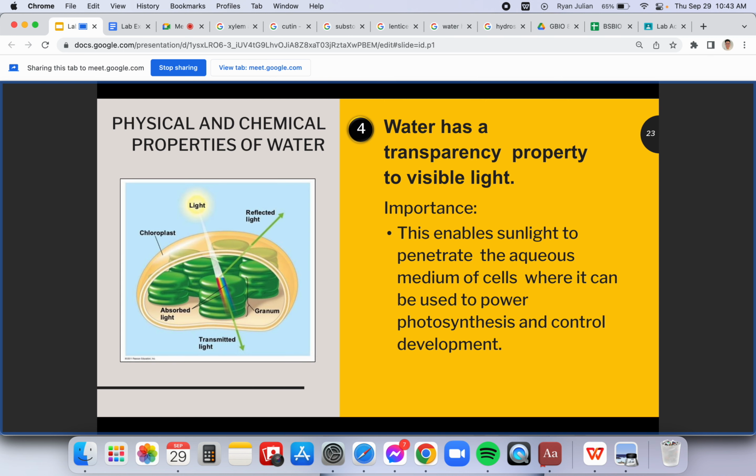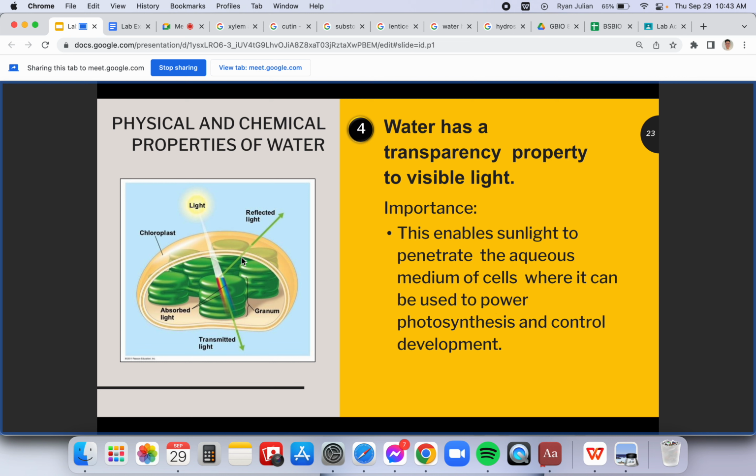For the fourth physical and chemical property of water, it has a transparency property that is visible to light. Its importance includes enabling sunlight to penetrate through the aqueous medium of cells, where it can be used to power photosynthesis and control development.